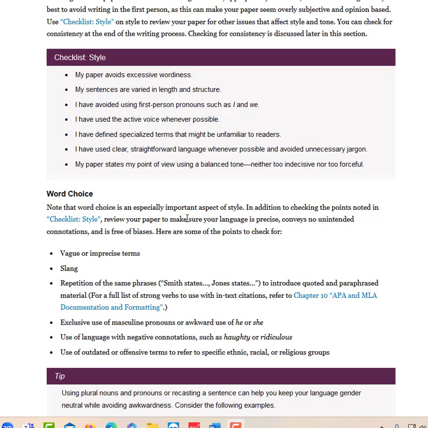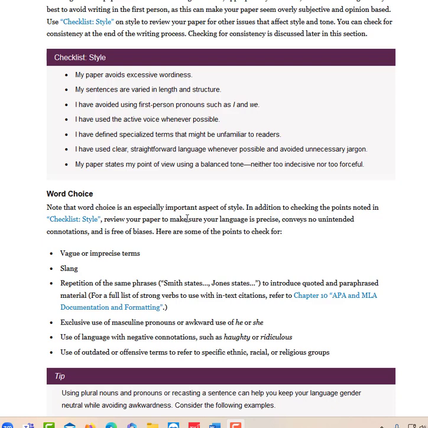Word choice is an especially important aspect of tone. In addition to checking the points noted, review your paper to make sure your language is precise, conveys no unintended connotations, and is free of biases.